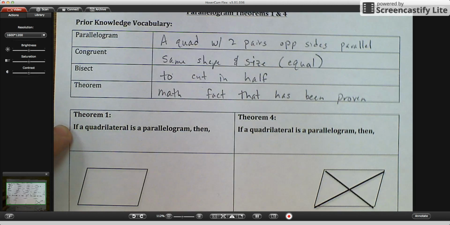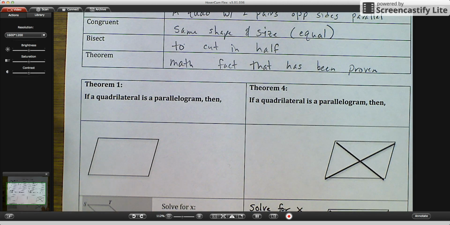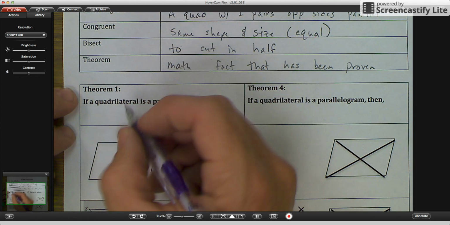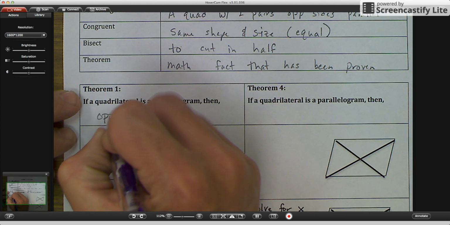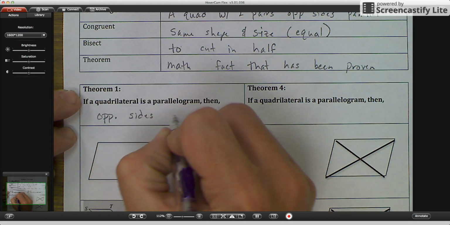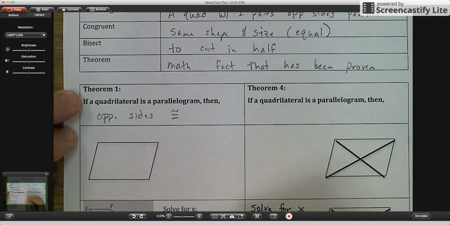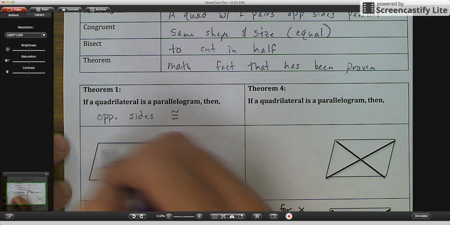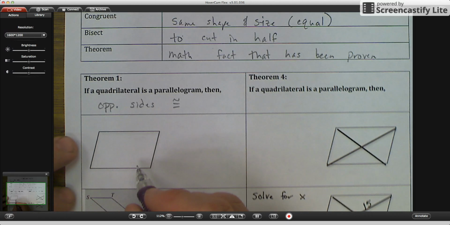Theorem 1 states, if a quadrilateral is a parallelogram, then opposite, and I'm going to abbreviate, sides are congruent. So as I have my parallelogram right down here, I'm going to move it up.